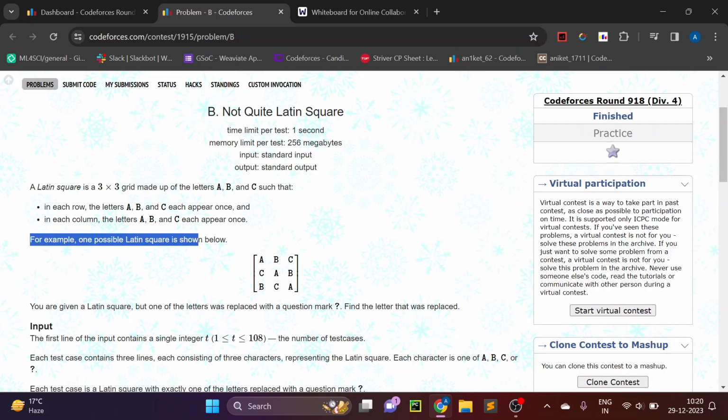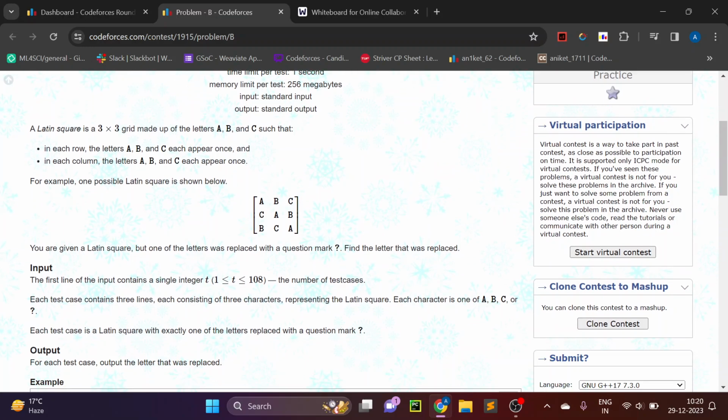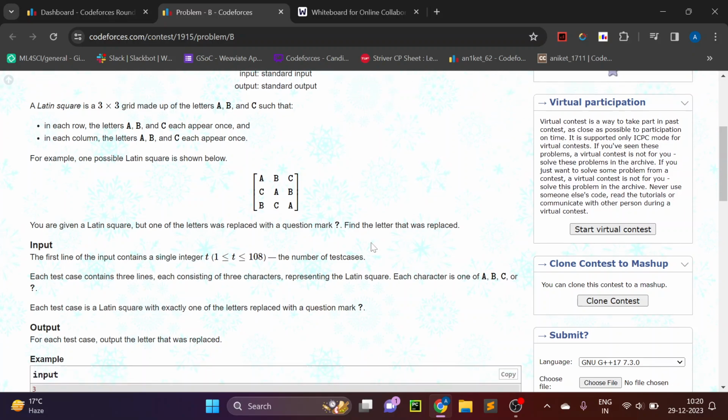For example, we are given a grid where the first row is filled with ABC, the second row is filled with CAB, and the third row is filled with BCA. Now if you find all the elements in each row and each column, they are all unique, and they are A, B, C.